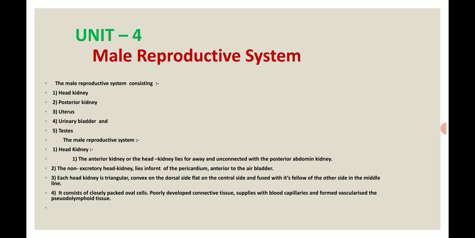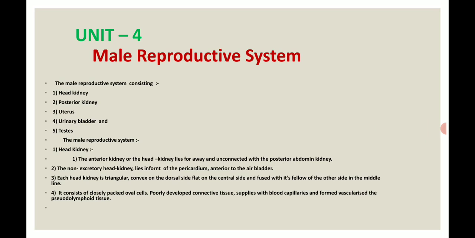In the previous lecture we saw the female reproductive system as well as the excretory system. Here we will see the male reproductive system, which consists of the following five important parts.